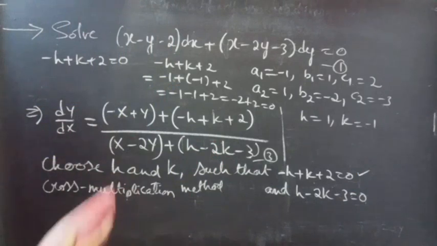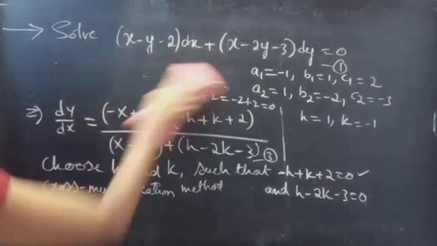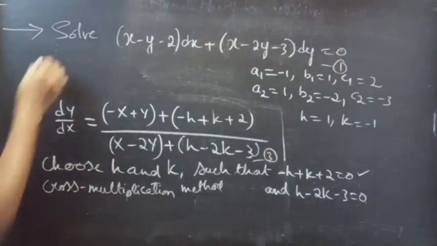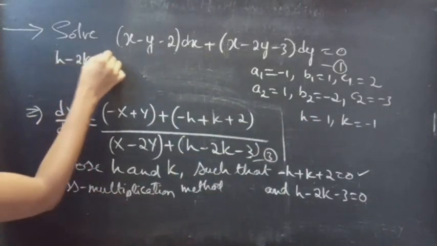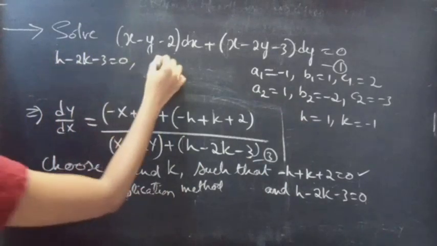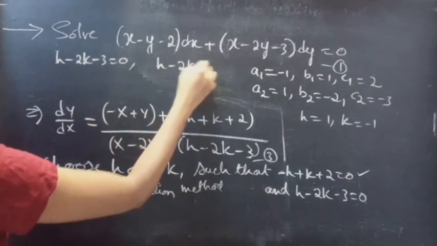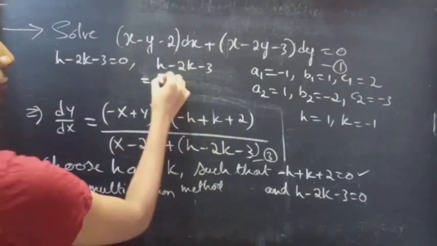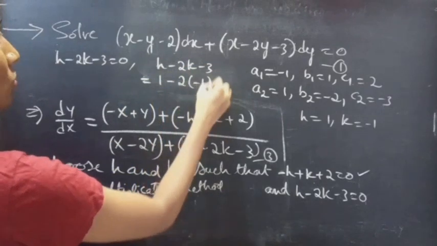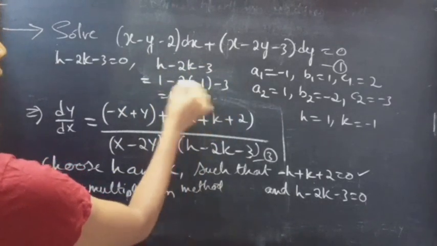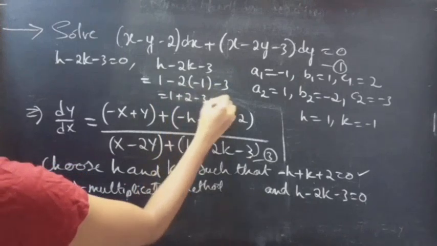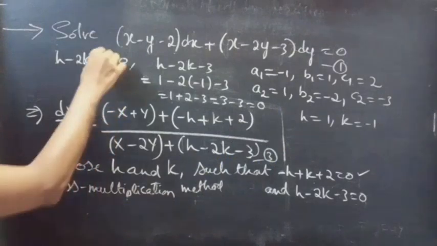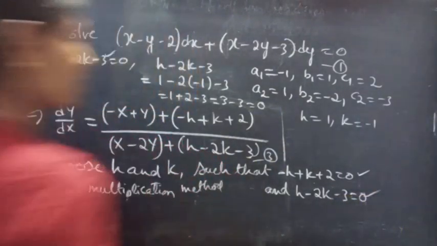Likewise, we check the second equation, h minus 2k minus 3 equals 0. Consider the LHS part, h minus 2k minus 3, and substitute the values of h and k: 1 minus 2 into minus 1 minus 3 equals 1 plus 2, 3 minus 3 is 0. So the second equation is also satisfied.